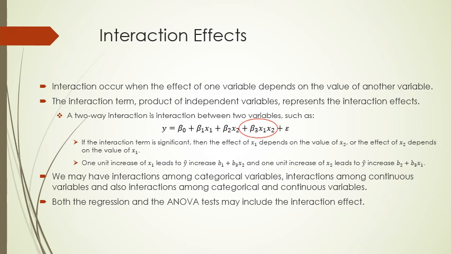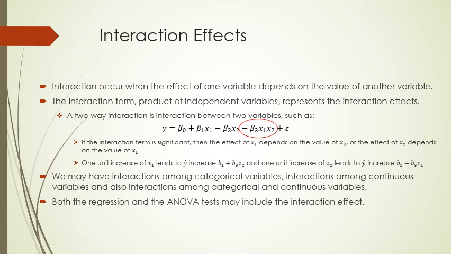It means 1 unit increase of x1 will increase the outcome b1 plus b3 multiply x2, holding x2 constant. Or 1 unit increase of x2 will increase the outcome b2 plus b3 multiply x1, holding x1 constant.